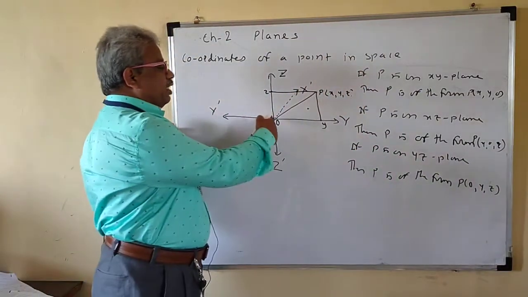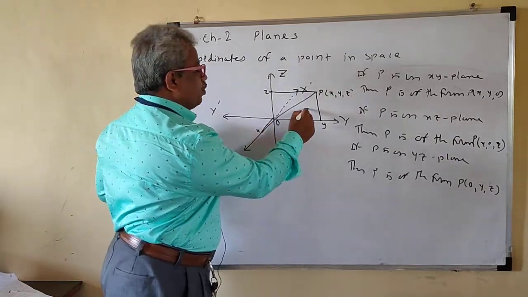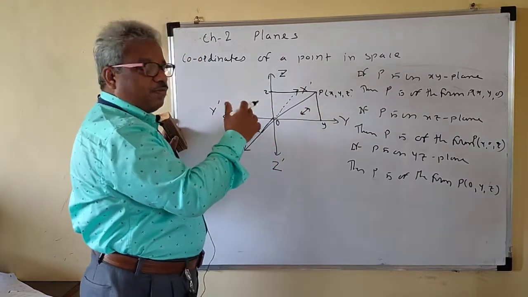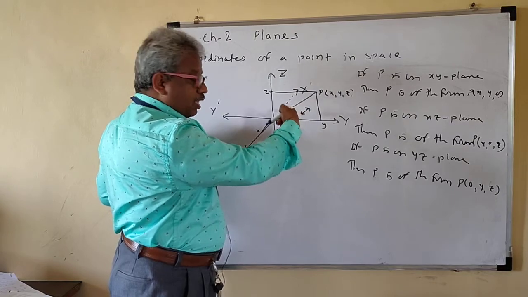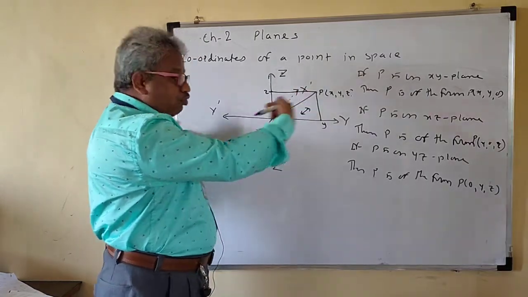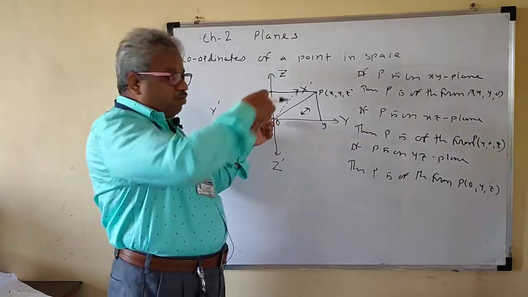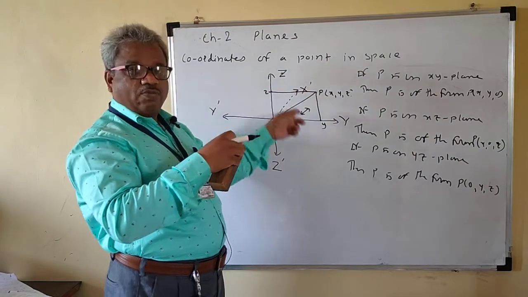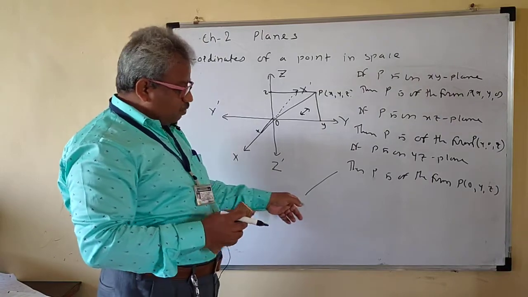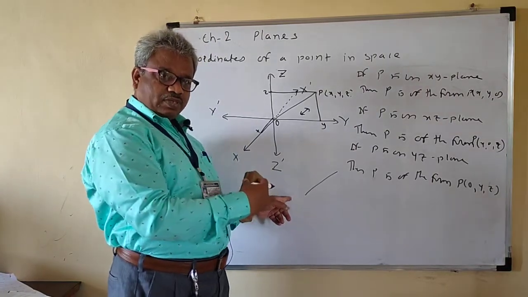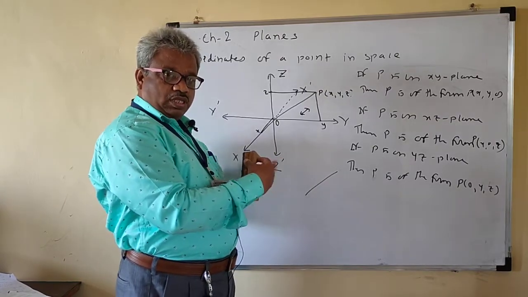Okay. Now if a line is perpendicular to a plane, then any line in that plane is also perpendicular to that line. That means if your OX axis is perpendicular to the YZ plane, then every line in this plane is perpendicular to the x axis. You can check this. Any line on the wall is perpendicular to this x axis.